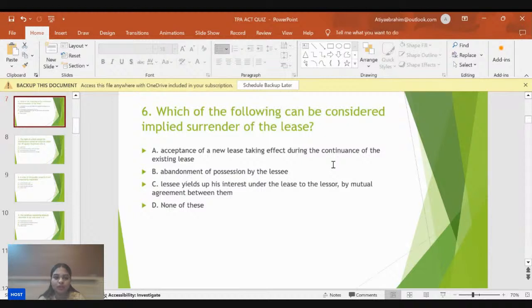Option B, abandonment of possession by the lessee. Option C, lessee yields up his interest under the lease to the lessor by mutual agreement between them. And option D, none of these.